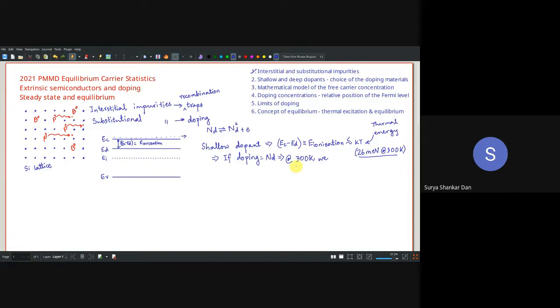We have Nd free electrons due to donors.